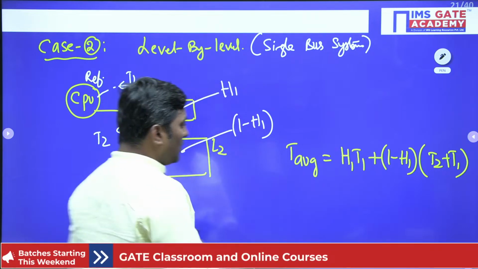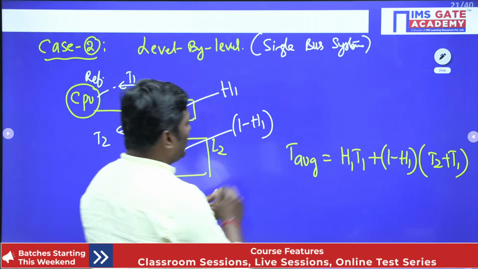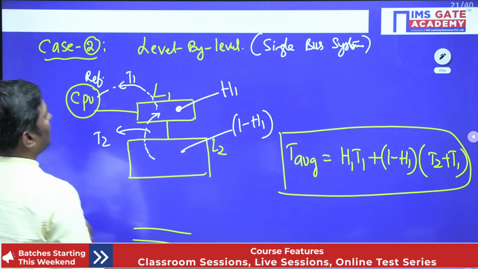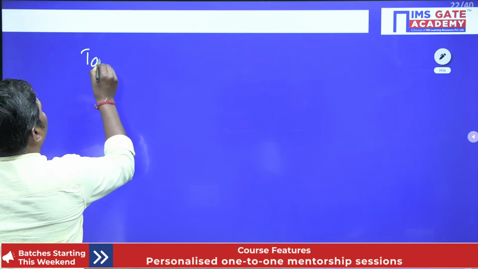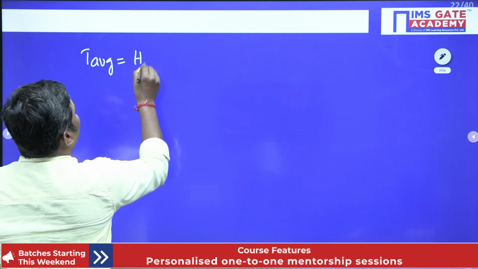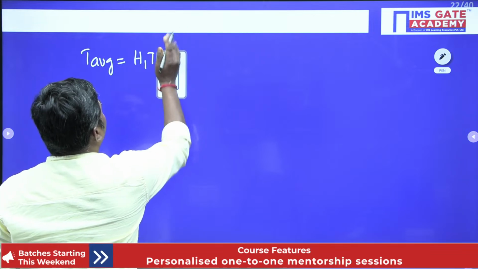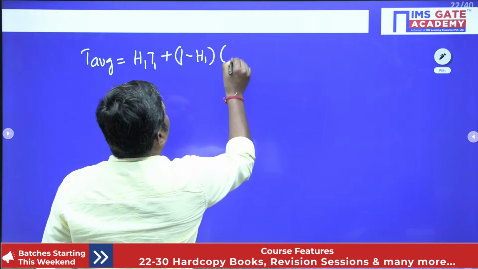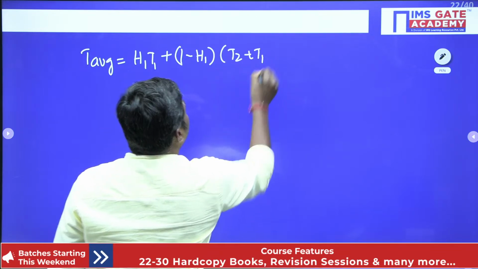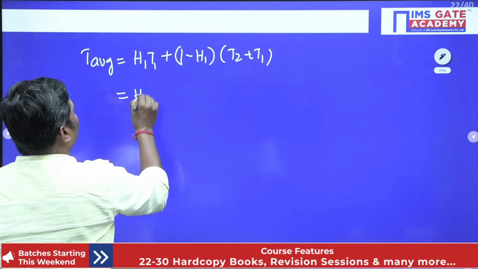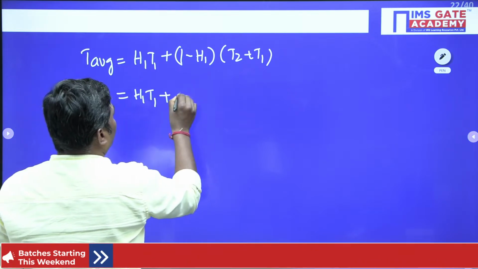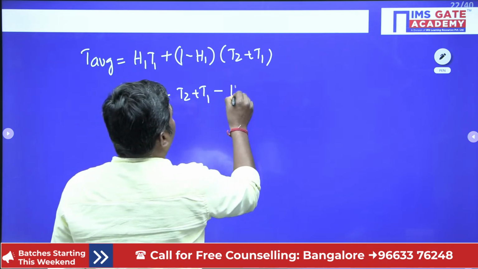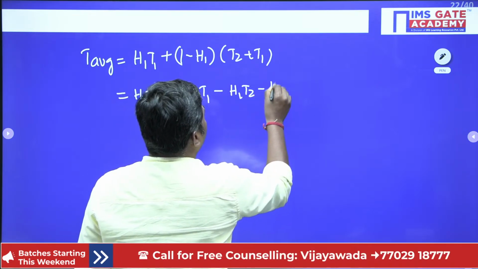So this expression is for a 2-level memory system with level by level connection. T average equals H1 T1 plus (1 minus H1) into (T2 plus T1). Let me simplify this: H1 T1 plus T2 plus T1 minus H1 T2 minus H1 T1.